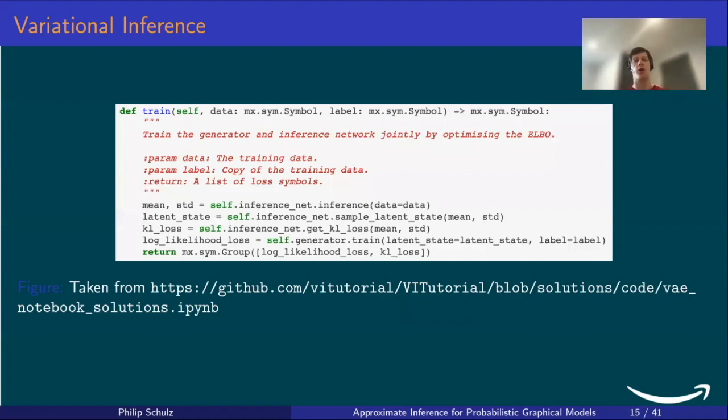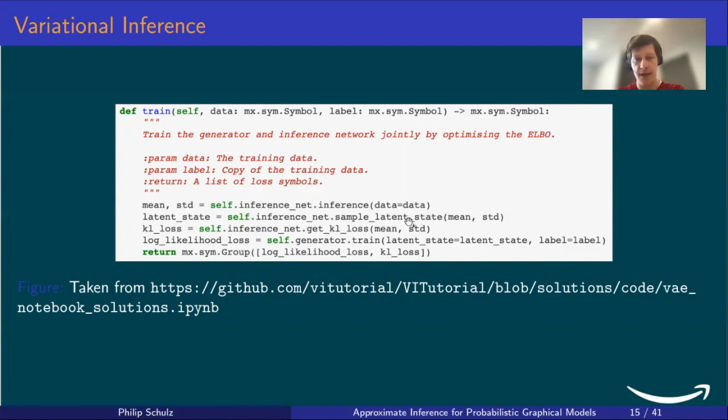Okay, now I also want to show you some code that is actually available on GitHub for how you would implement that. Notice that this is implemented in MXNet, so don't get too hung up on the details. I really just want to give you the rough idea of how you would code this in Python. We're going to have an inference net, which, given some data, computes the mean and standard deviation of the Gaussian.